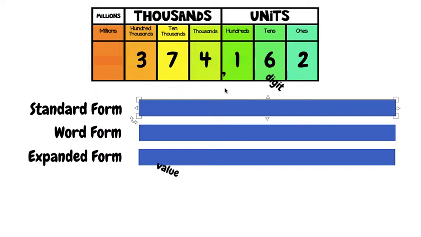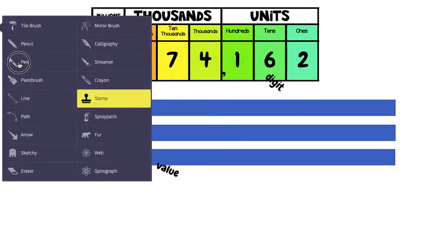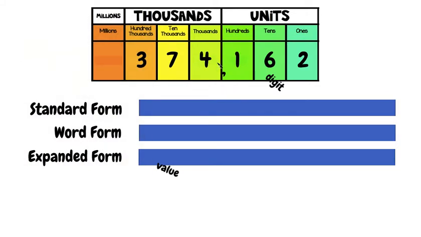As we continue on, one thing about reading these big numbers is that we want to think of it in terms of 3 digits at a time. Every time you come across 3 digits, that is called a period.